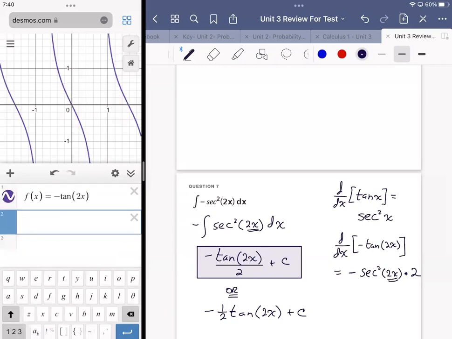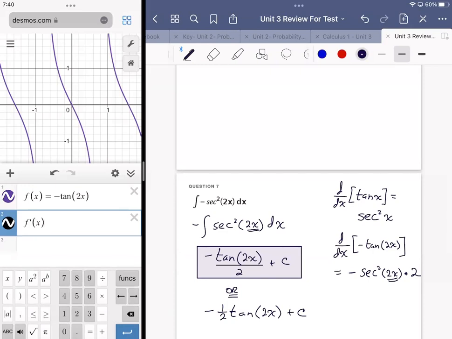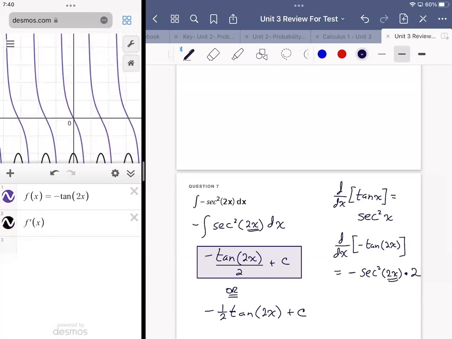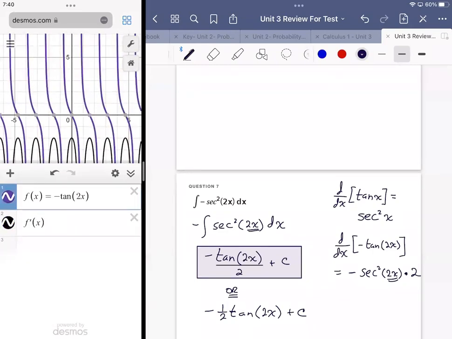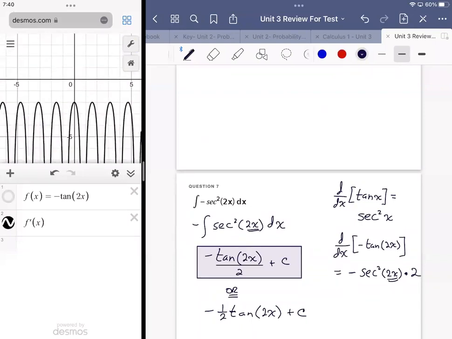Plot its derivative. Zoom in until you get where you need to go. You see that this is the derivative function of negative tangent 2x.